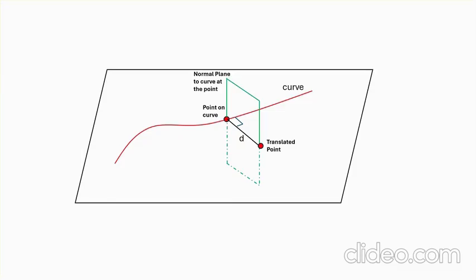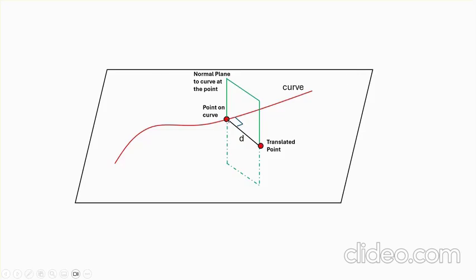Once the point on the curve is selected, the normal to the tangent to the curve is constructed, and that normal plane obviously intersects the flat surface on a straight line. The reason this is a straight line is that this is a flat face.